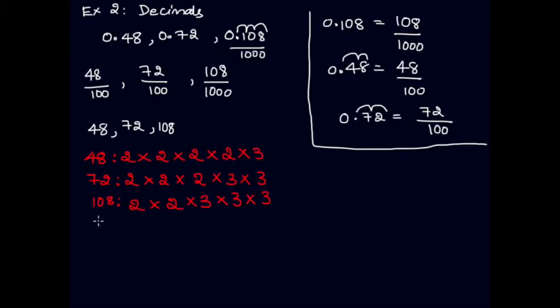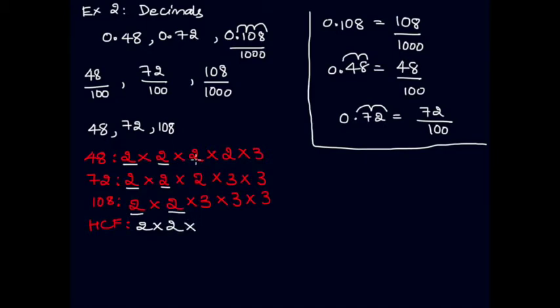So what's the HCF? HCF, we need to find all the repeated numbers. So looks like 2 is repeated everywhere. So let's first write 2 times. There's another 2 repeated. So another 2 comes here.